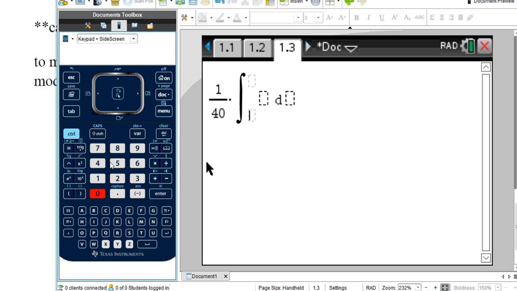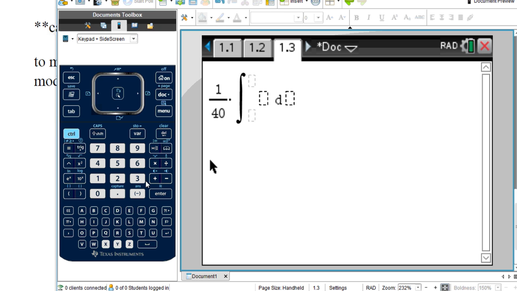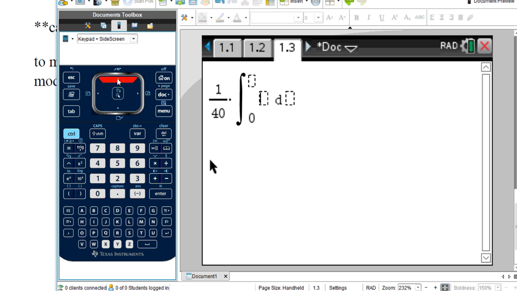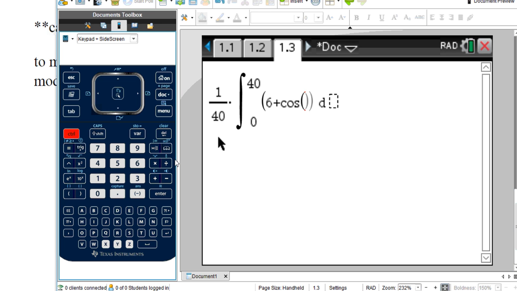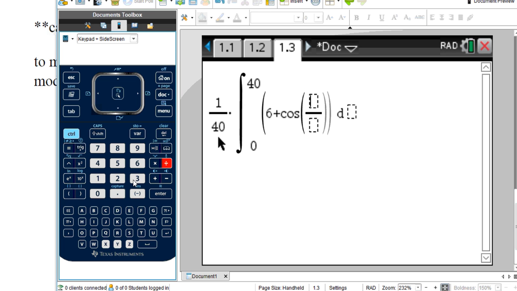We're going from 0 to 40, and we come over here to the right. I'm going to make parentheses. We have 6 plus the cosine of t over 10, and come out here.